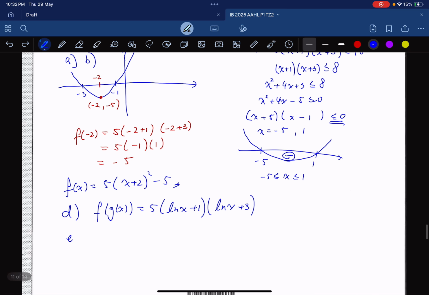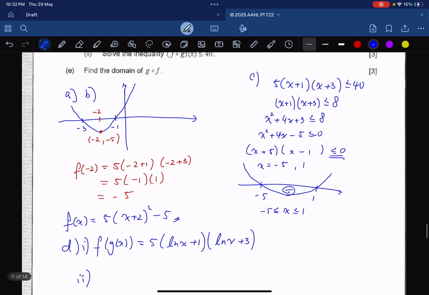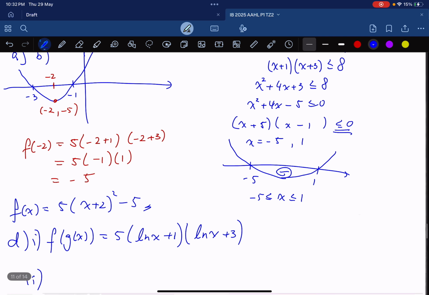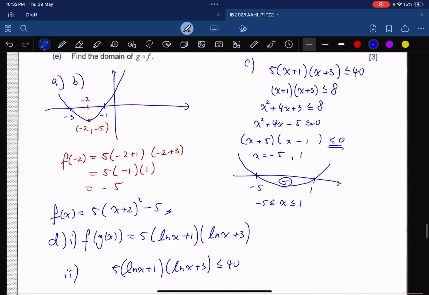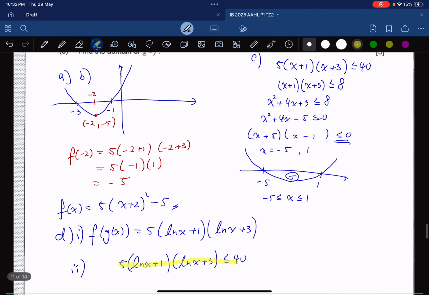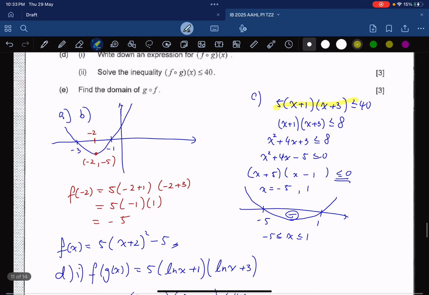Oh, sorry, this is to solve this smaller than 40. I think we got it already. Hopefully you recognize that this one and this one are practically the same, so we don't need to solve this again.